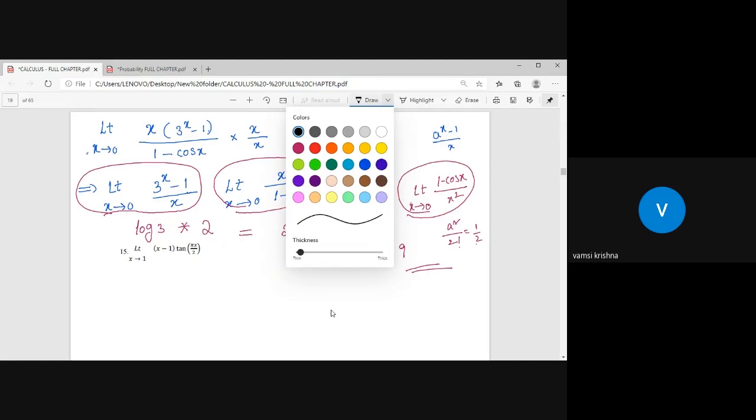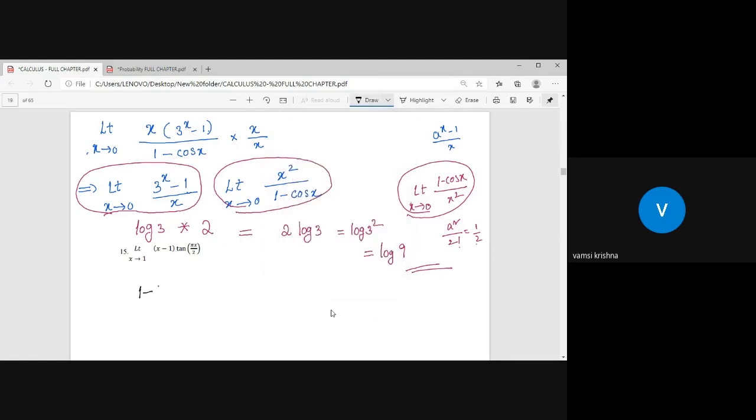In place of x, if you substitute 1 here, it becomes (1 minus 1) into tan pi by 2. Tan pi by 2 is tan 90, which is infinite, and 1 minus 1 is 0. So 0 into infinite. The question is in the 0 into infinite model. Yes, it is also an indeterminate form.